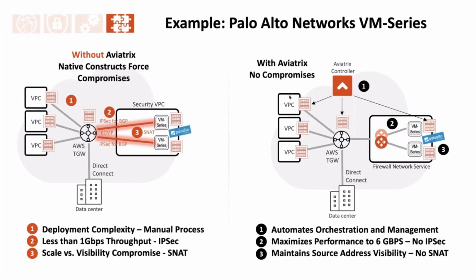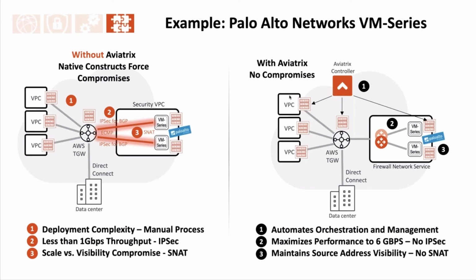And we maintain the source address visibility so we can eliminate the need for SNAT because our gateways are keeping track of the traffic flowing into each one of the VM series. So you can see much easier to deploy, much higher performance, and maintain the visibility.